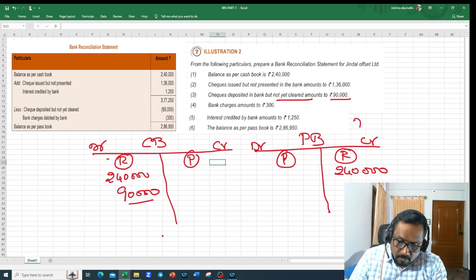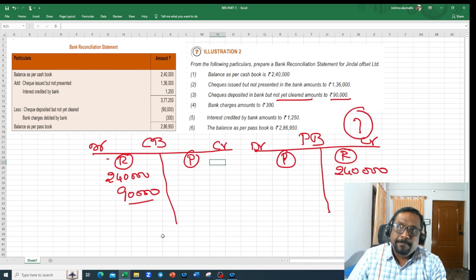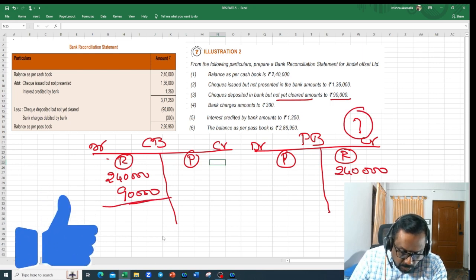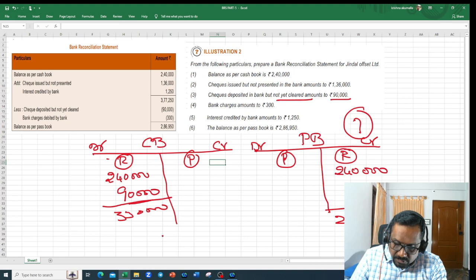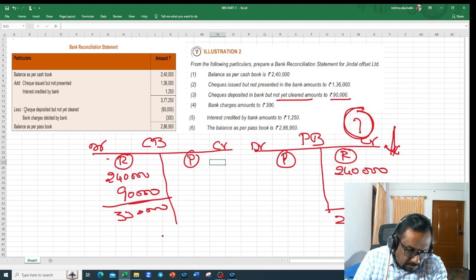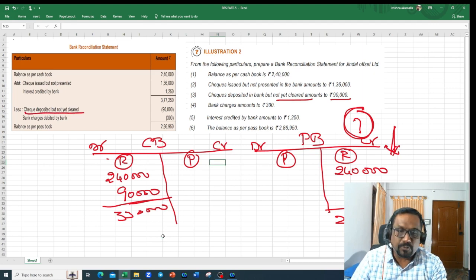Now, what does the balance show? Cash book balance is showing 3,30,000 and your passbook balance is showing only 2,40,000. So your question mark balance is reduced. Since the question mark balance is reduced, you just need to subtract that amount.